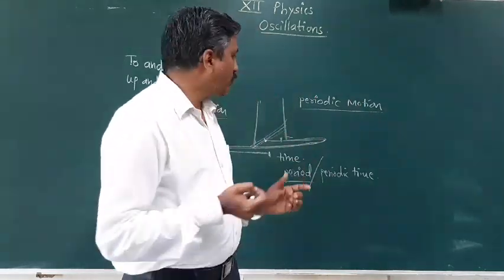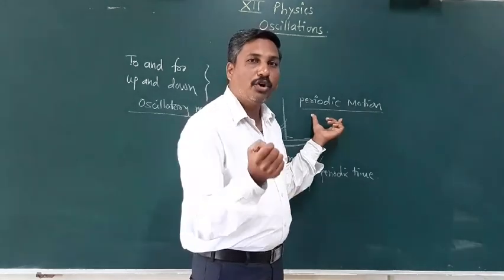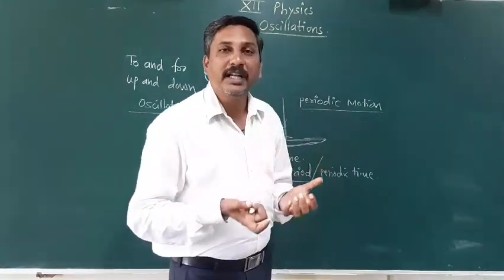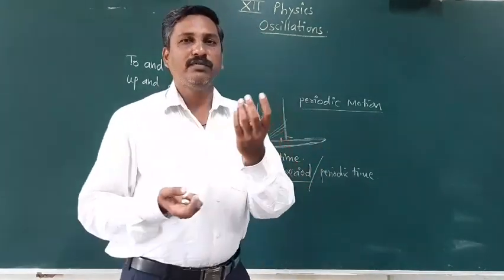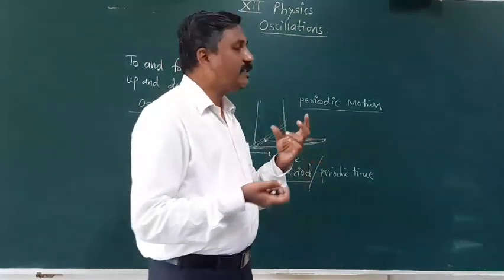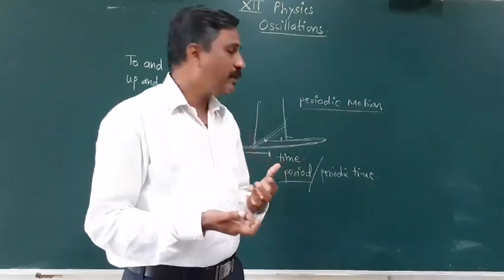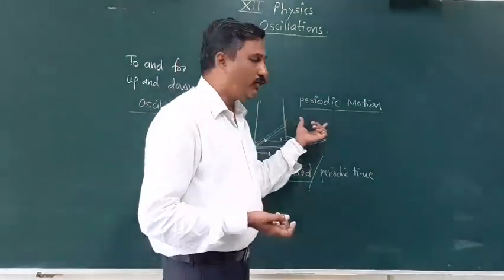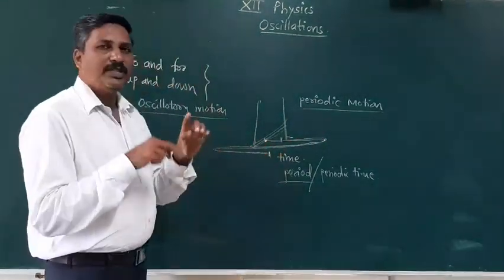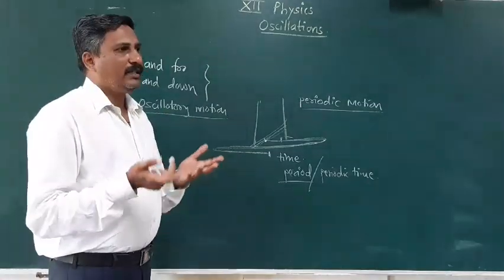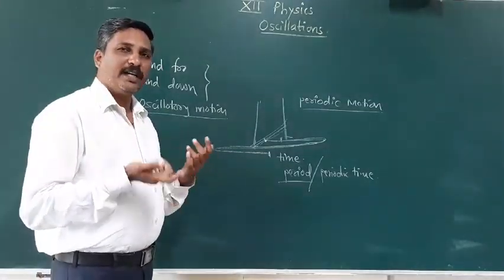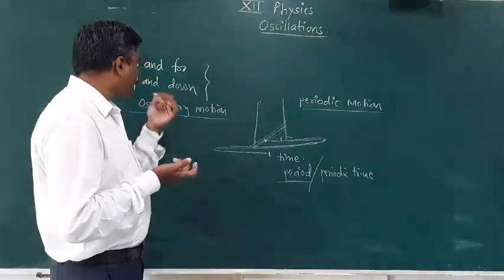So that motion is called periodic motion because the period is the same. The motion of earth about itself requires a time period of 24 hours. It is the same everywhere, so that motion is a periodic motion. And oscillatory motion means, for example, the needle of the sewing machine. Its period is not the same every time.